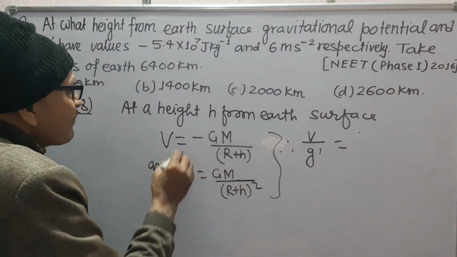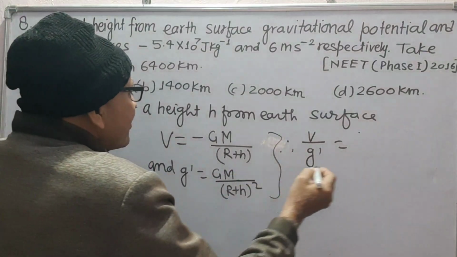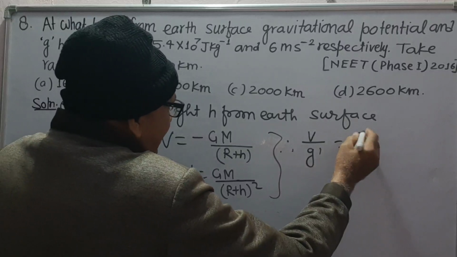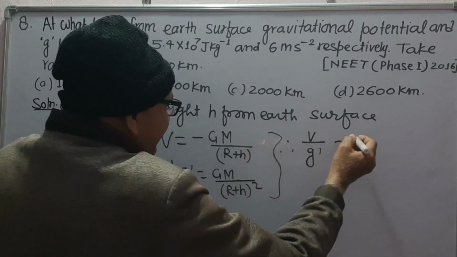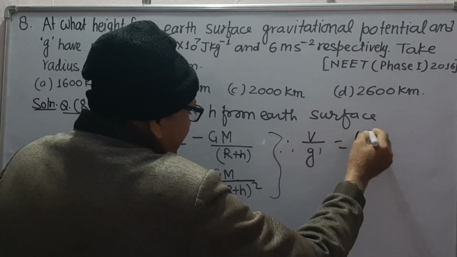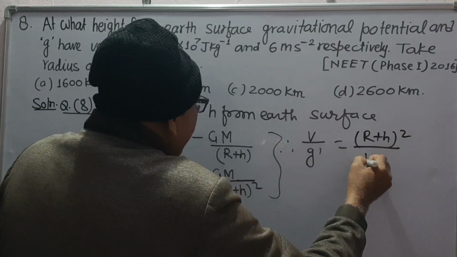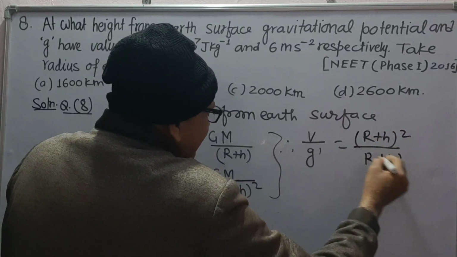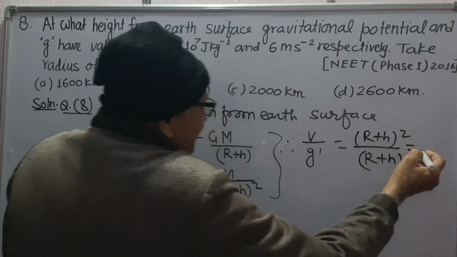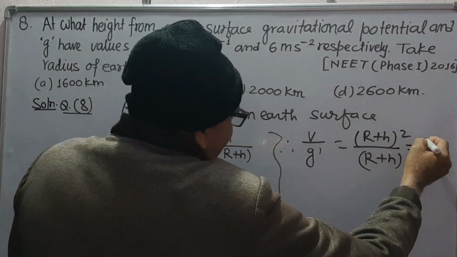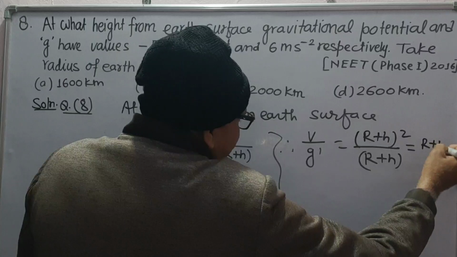Therefore, numerically V upon g dash will be equal to, Gm cancels out, R plus h whole square upon R plus h, which is R plus h.